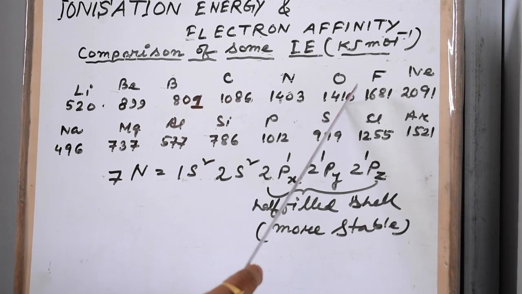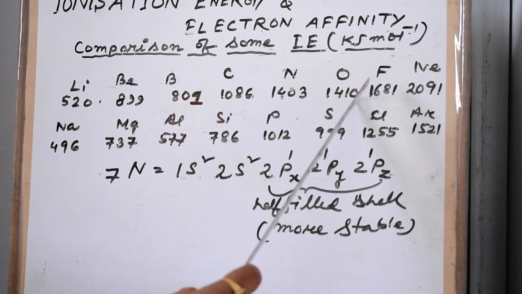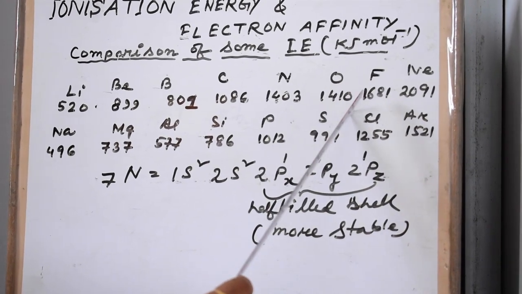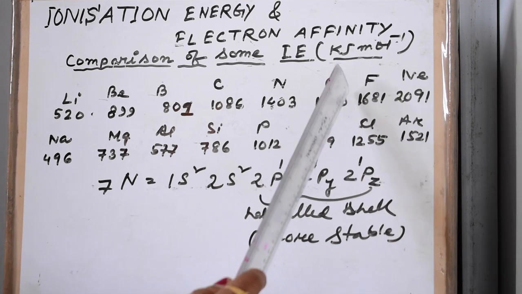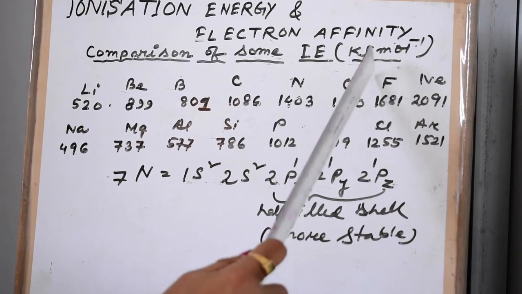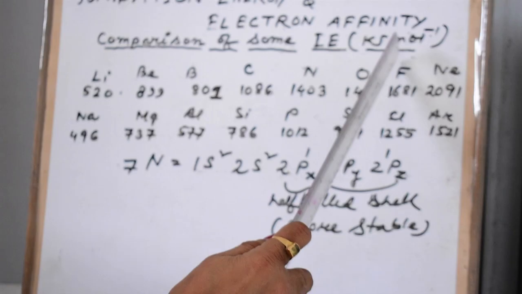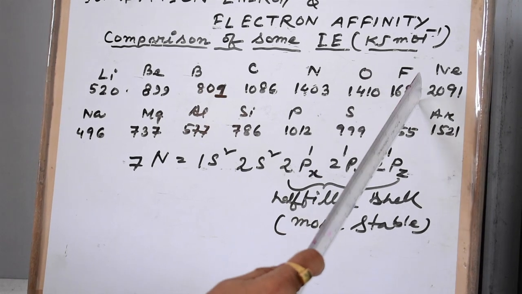In the case of oxygen, it has 1410. That means due to the smaller size than nitrogen, it has the 1410 value. In the case of fluorine, it has 1681, because fluorine is the most electronegative atom.